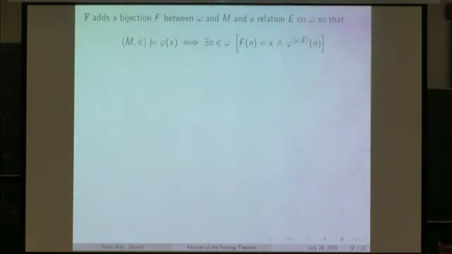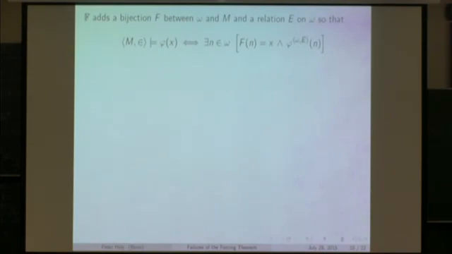So I think I'm saying this on the next slide. Yes. And so you get this property here. You get that your ground model satisfies some formula phi of x if and only if there is a natural number n, which f, so f is this bijection that you add, big F now, and big E is this relation on omega.